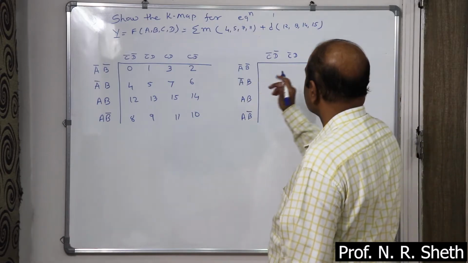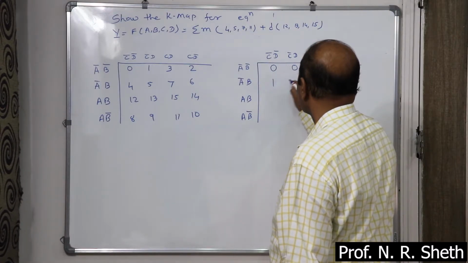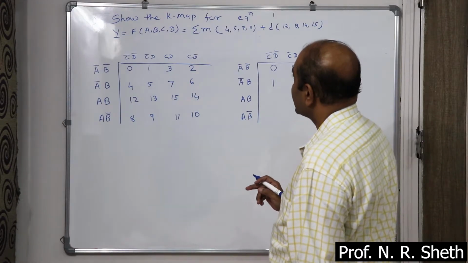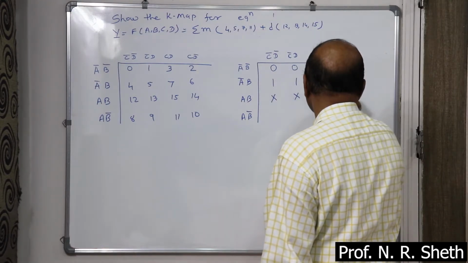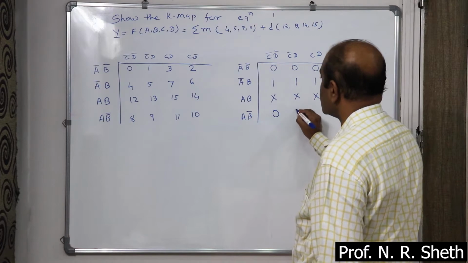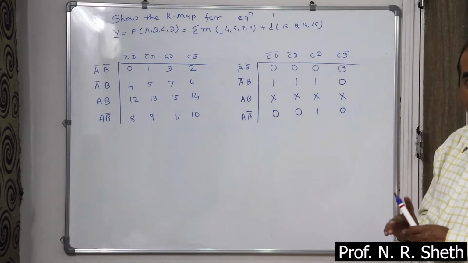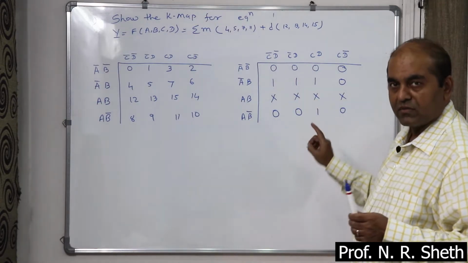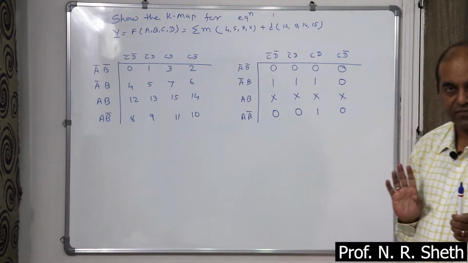0, 1, 2, 3 are all zeros. 4 and 5 are high, 7 is high, 6 is 0. 12, 13, 14, 15 are don't care. 8 is 0, 9 is 0, 11 is high, and 10 is 0. So 4, 5, 7, 11 are high, and 12, 13, 14, 15 are don't care.